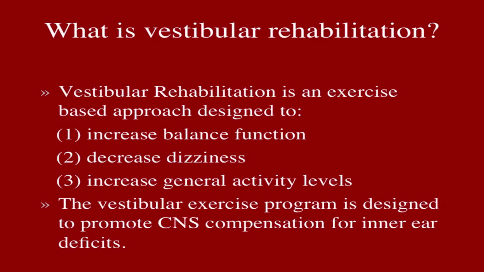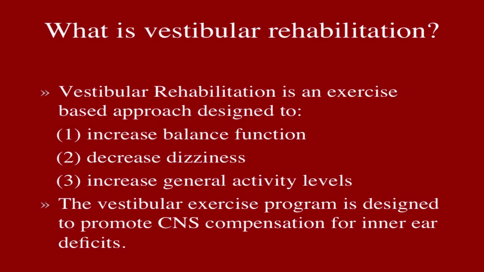Okay, that's at its most basic. That's what we're doing. We're trying to minimize folks' chance of falling, get rid of their dizziness or vertigo as much as we can, and generally get them back to the things that they'd like to do. What we try and do through many of these things is promote central nervous system compensation.